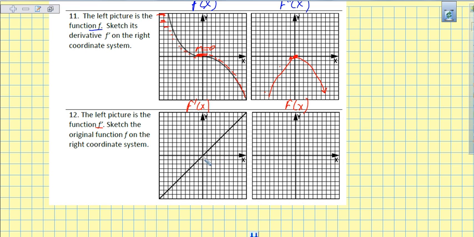Well, let's take a look at what this means. Here, our derivative is a negative 10 right here, and then somewhere here it looks like it's negative 5. At negative 5, 1, 2, 3, 4, 5, 1, 2, 3, 4, 5, yep.